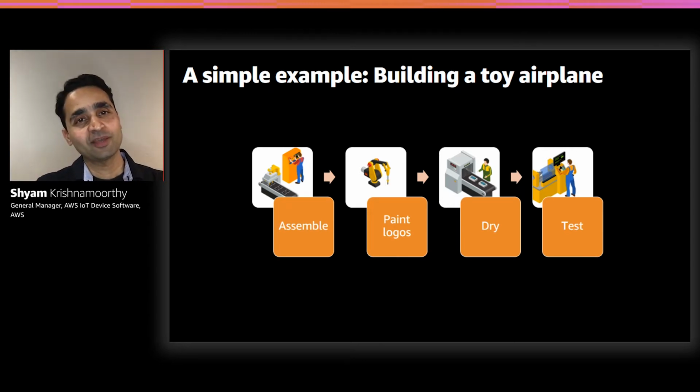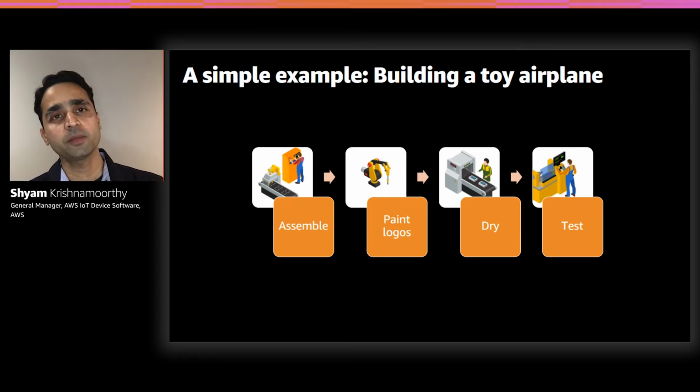So when we think about this example of just simple 4 stations, you can actually apply all of these techniques we just talked about and all of these benefits that we want in terms of industrial IoT to these. Let's take some examples.